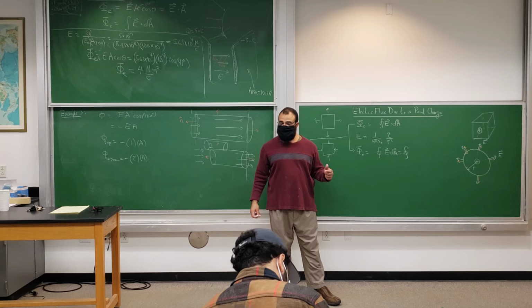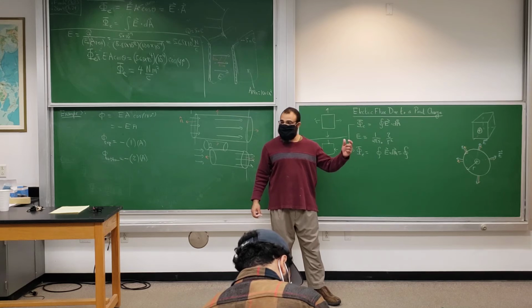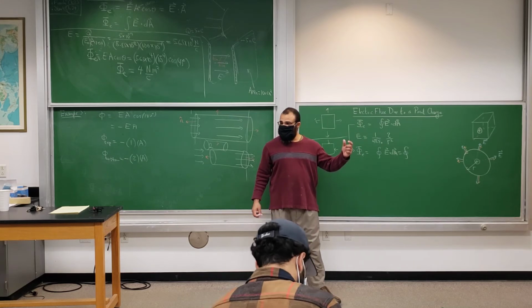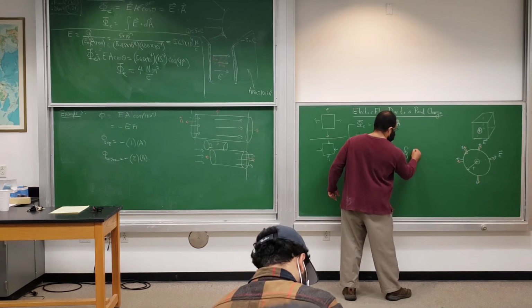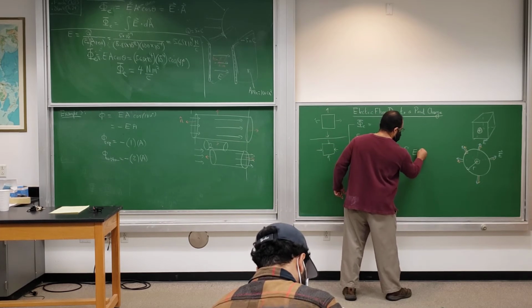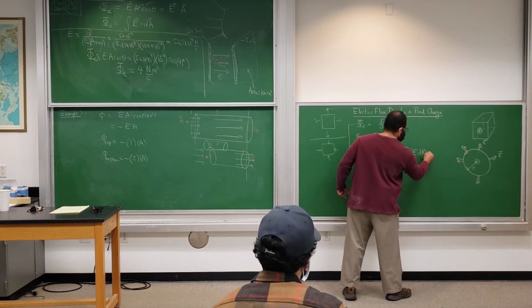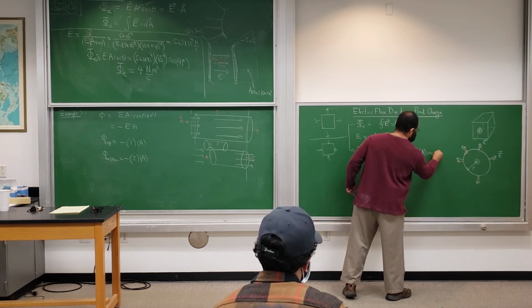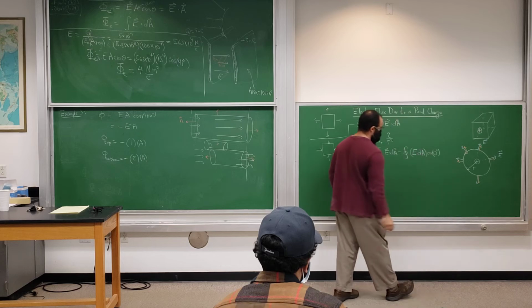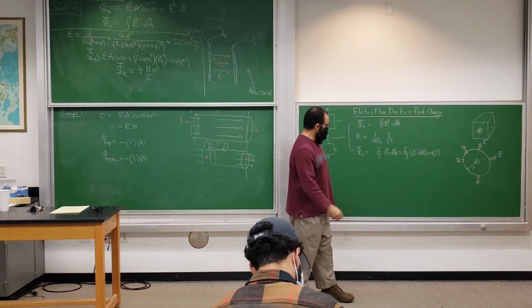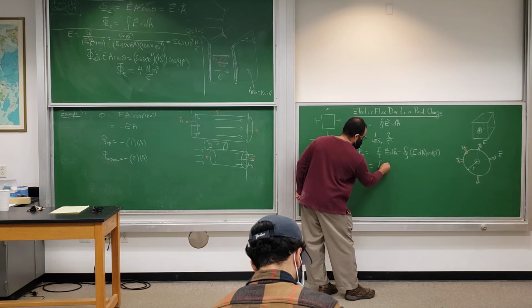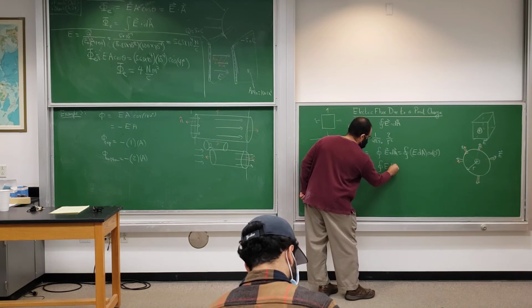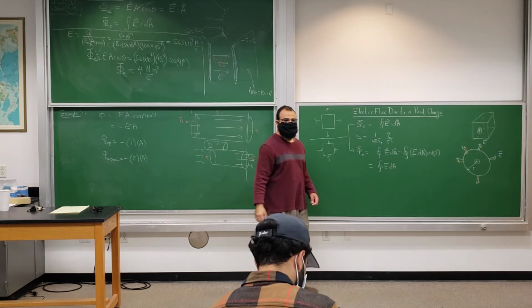Technically, it's E times dA times the cosine of theta. But theta is how many degrees again? 0. Yeah, 0. So E dA times the cosine of 0 degrees, and cosine of 0 is 1. So now we get the integral of E dA.